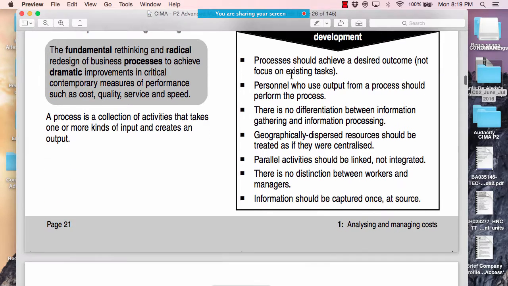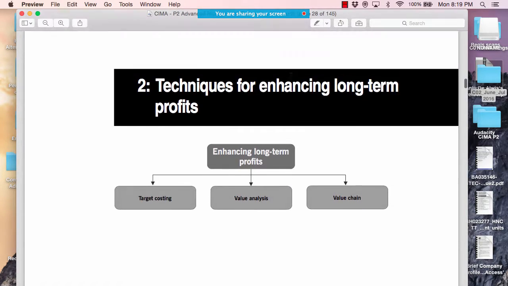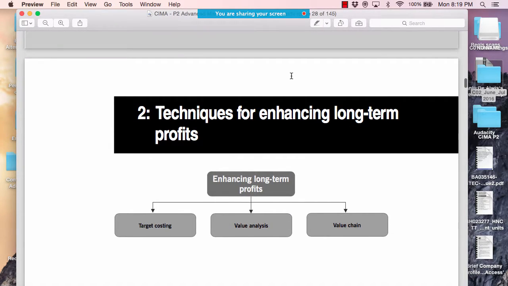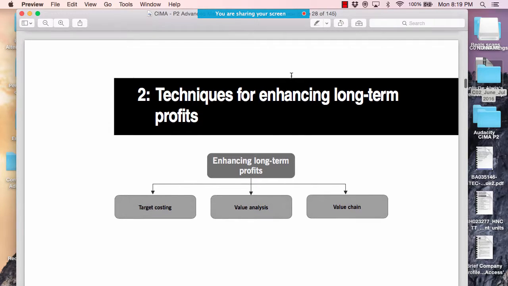Let's look at business. What I would like you to do is target costing, value analysis, and value chain. These are the 3 areas of techniques for enhancing long-term profits, right? Just make some short notes on these 3 areas.